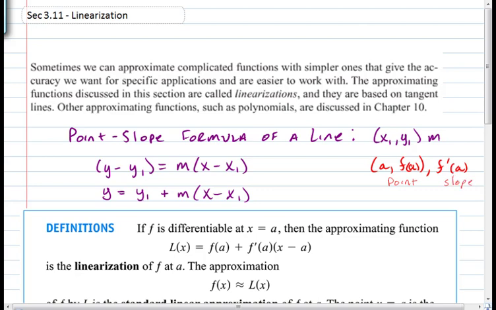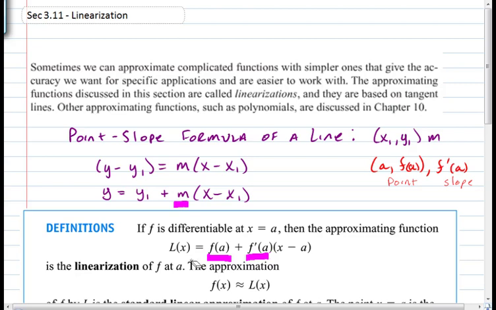In place of y1, we would plug in f of a. You see that right here? In place of m, we would plug in the derivative, f prime. See that? And in place of x minus x1, we use x minus a.